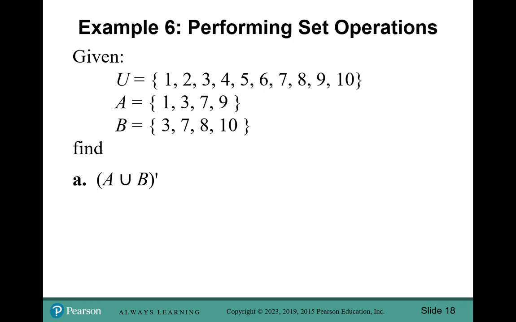Example 6, performing these set operations. Given that the universal set U equals 1, 2, 3, 4, 5, 6, 7, 8, 9, 10, the set A is 1, 3, 7, and 9, and the set B is 3, 7, 8, and 10, we want to find (A union B) complement.